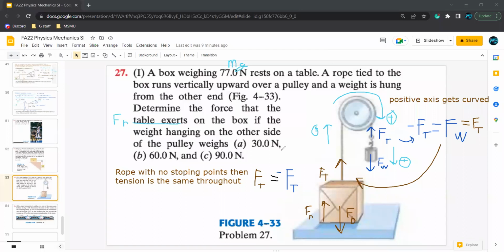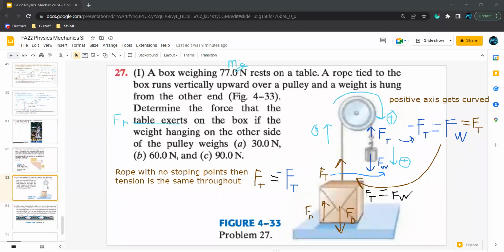So this force tension is the same as the force of the weight.